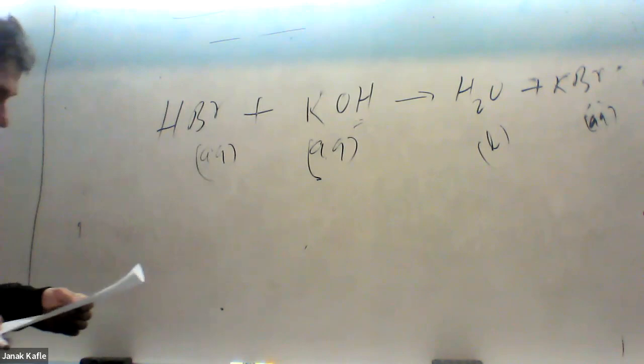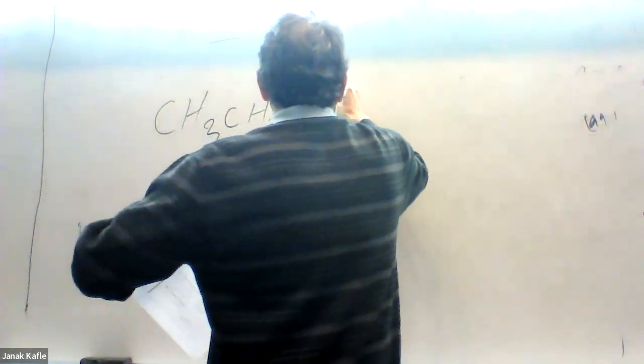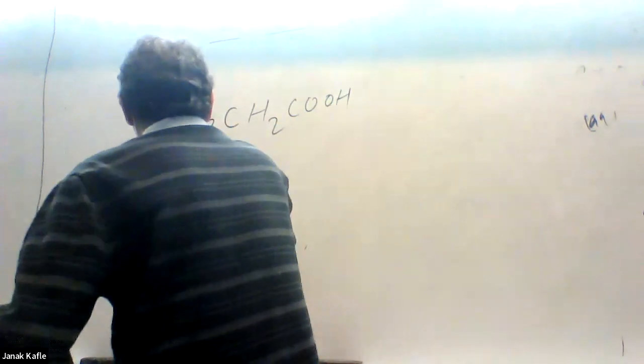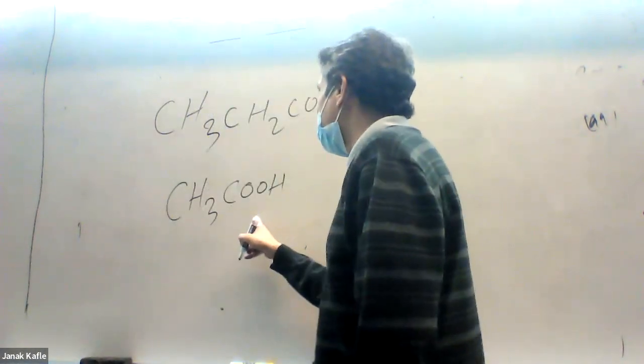Now I'm going to write one with a weak acid and strong base kind of reaction. I told you about this guy, CH3. I could write it a little bit simpler. Whatever I have here, I'm going to write that here. So CH3CH2COOH. I can write this one, but you can also write a simpler compound like this, CH3COOH, yeah? This is vinegar, acetic acid.